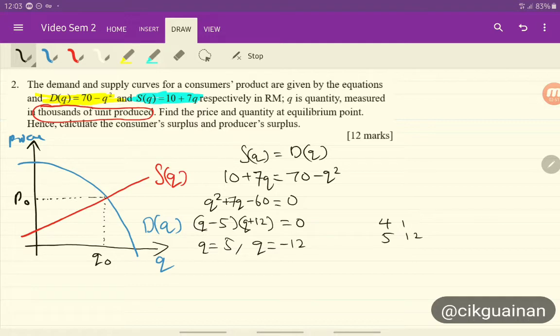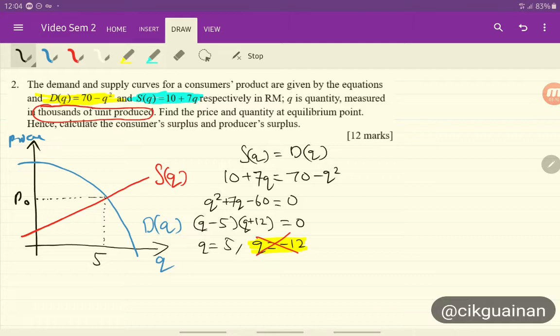Now from here, clearly we won't accept Q equals minus 12, because quantity cannot be negative. In this case, we can straight away consider our Q is 5 units. Q is quantity measured in thousands of units, so it's 5,000 units.